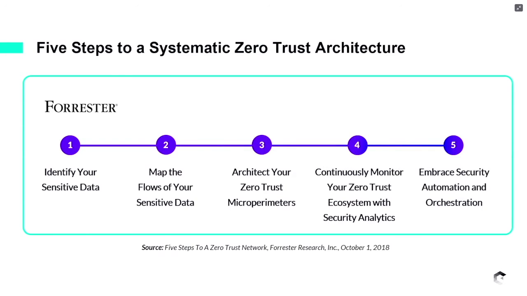So this is the 5 steps to Zero Trust architecture by Forrester, and with the things that have already been explained by my colleagues and Mario, you will see that there's a natural link between microsegmenting and those 5 steps.